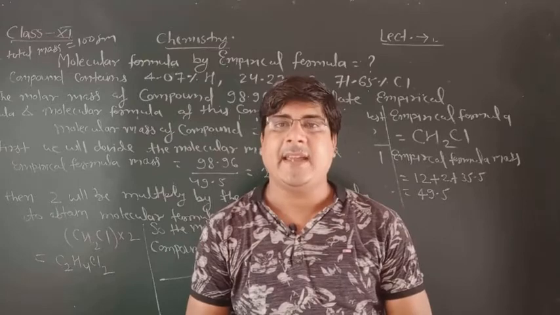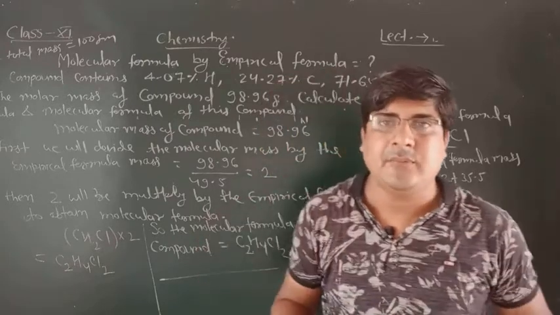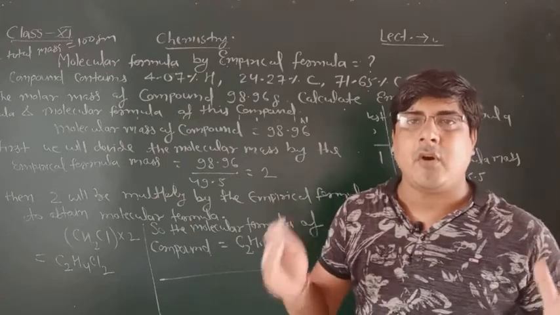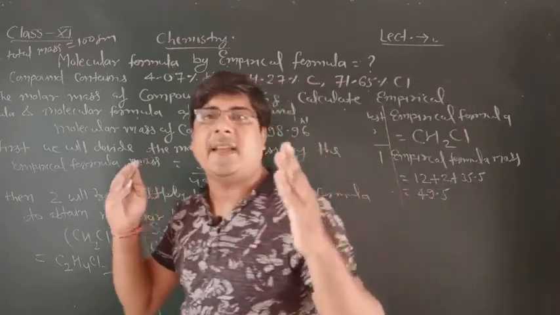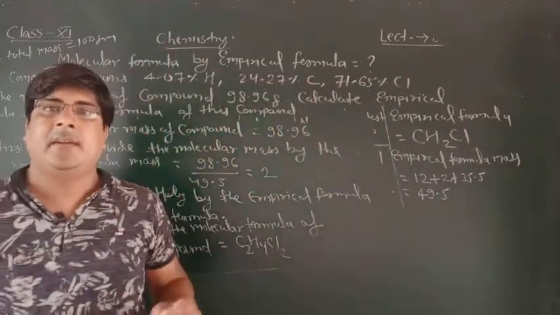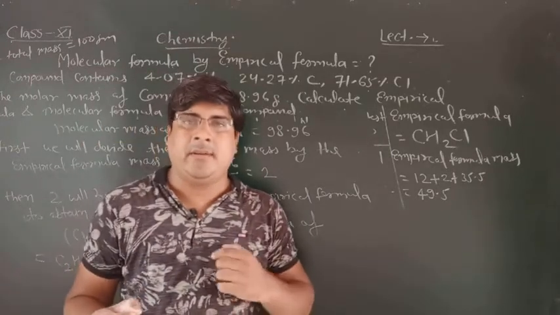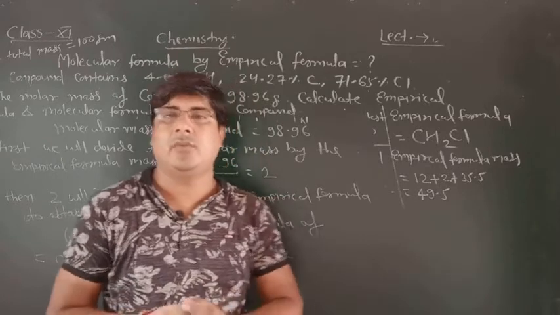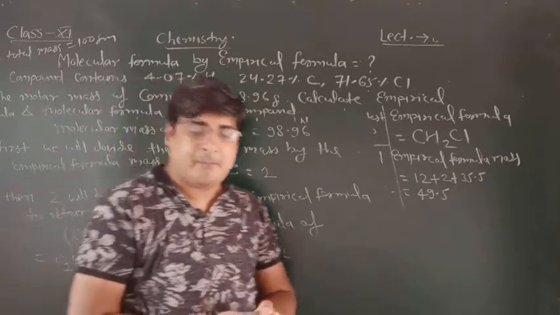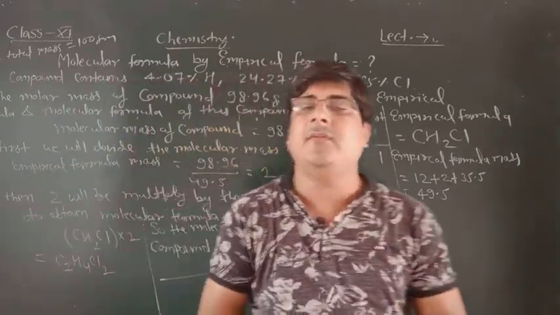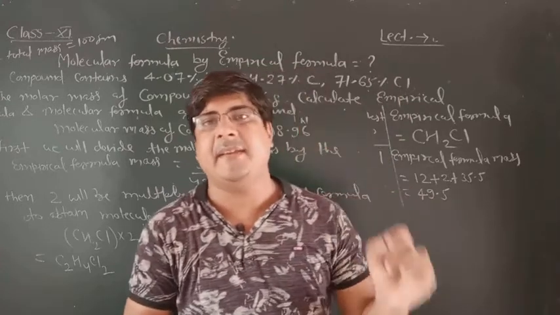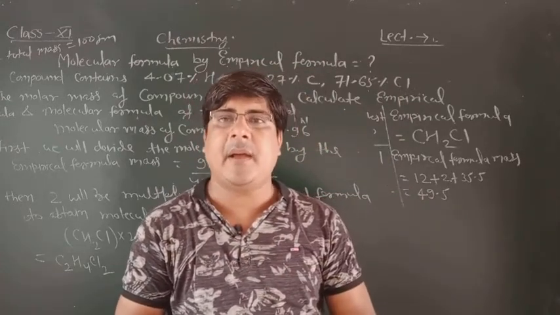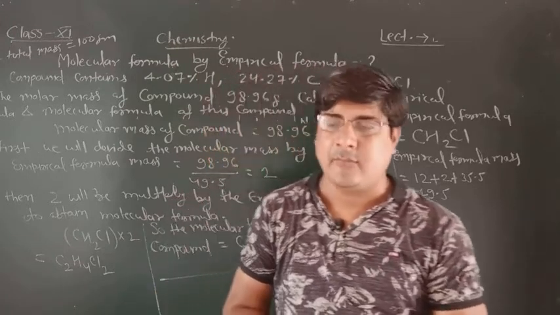I am repeating again: what is the empirical formula? The simplest whole number ratio of various atoms present in the compound is known as the empirical formula, and the mass of the empirical formula is known as the empirical formula mass. How can we calculate the molecular formula from the empirical formula?